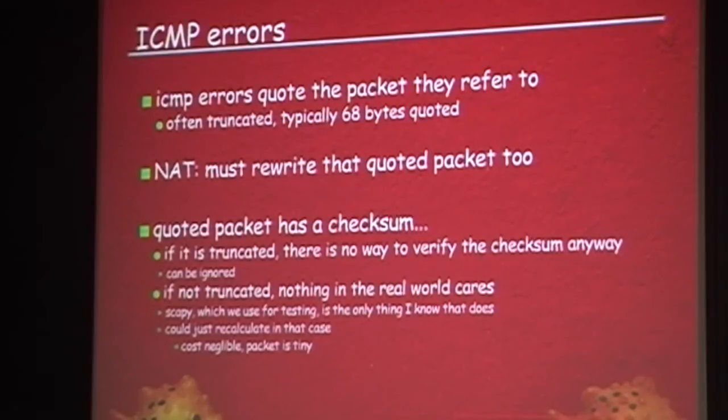In most cases, it'll be truncated, so we don't care. On a truncated packet, there's no way to verify the checksum, so we don't need to do anything. But there are very, very small packets that don't get truncated, and this checksum is verifiable.